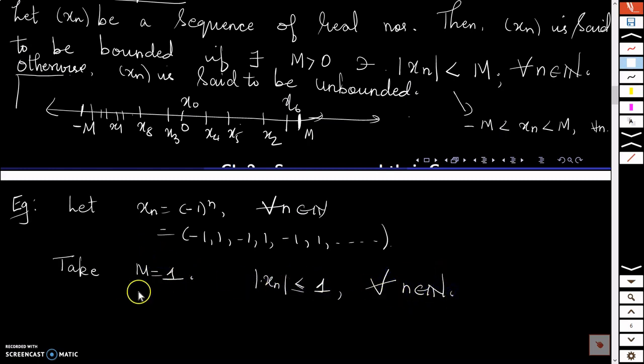Or you can put it this way also: all the terms are between m and minus m, because they are here and here. Only 2 points they are taking. So this sequence xn is a bounded sequence.